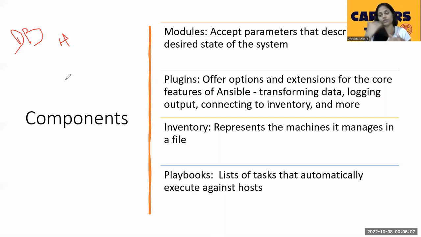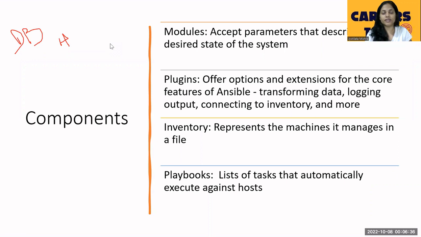You'll see, when you run anything using modules or playbook, this changed 0 or 1. Whatever command you were running, if it caused any change, it would show you changed equal to the number of changes done. So this is it about the architecture of Ansible.